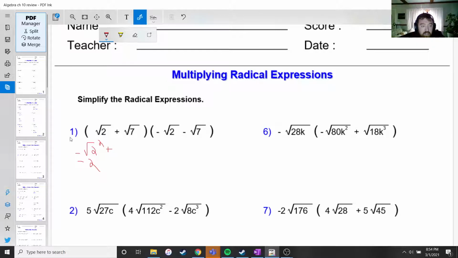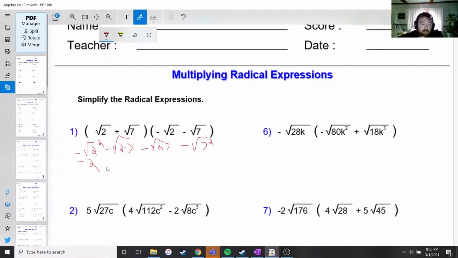plus, this would be minus 2 times 7 and then minus 2 times 7 minus 7 squared.